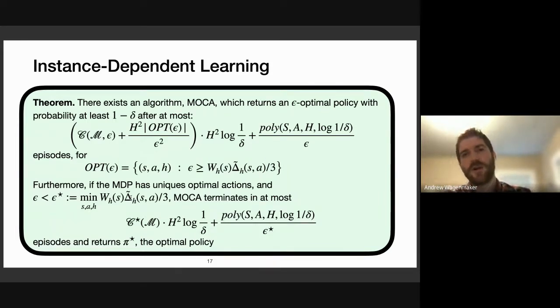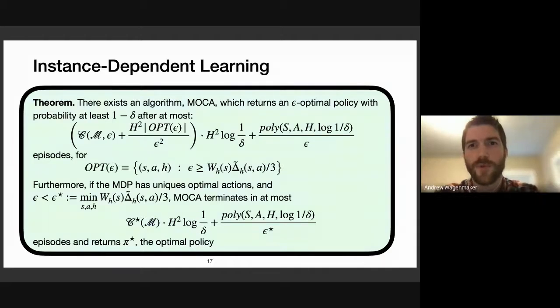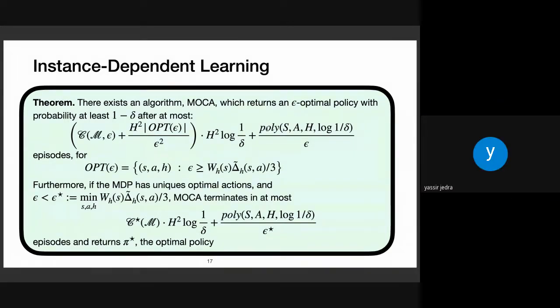I can talk about this a bit later, but the polynomial dependence just depends on what sort of regret minimization algorithm you run as a subroutine in our algorithm, and we just choose to run Euler. If you used one that had a slightly different dependence, you could improve on this. So it's definitely improvable. It's not horrible, but it's also not great. Okay, cool. Thanks.